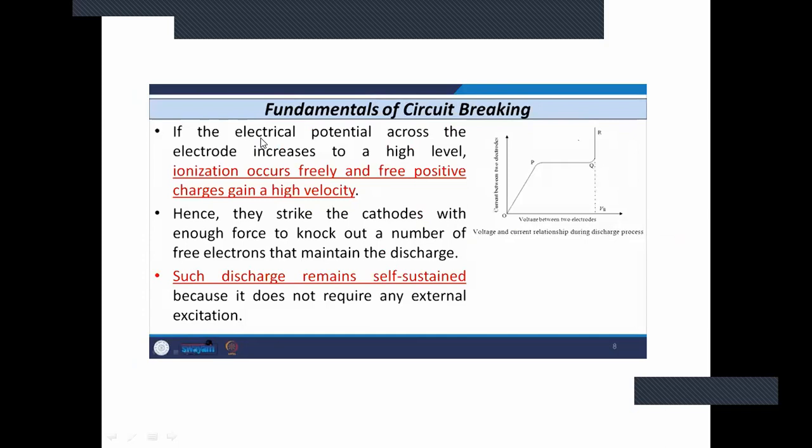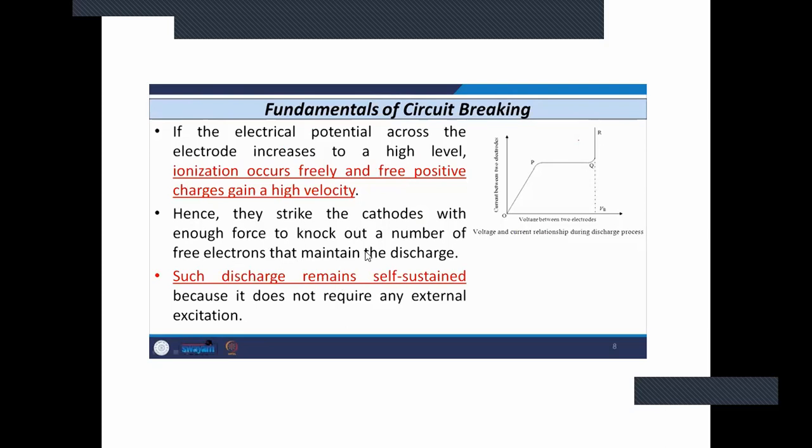If the electrical potential across the electrodes increases to a high level, ionization occurs freely and free positive charges gain a high velocity. I have already discussed this point, that this is the role of the positive ions. They gain high velocity. Hence they strike the cathode with enough force to knock out a number of free electrons that maintain the discharge.